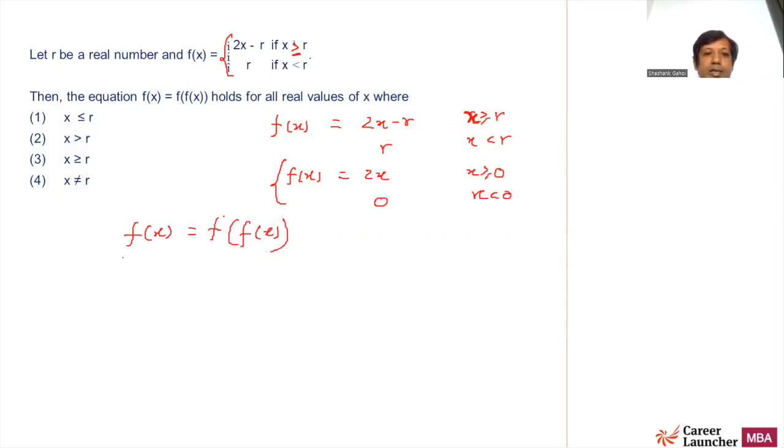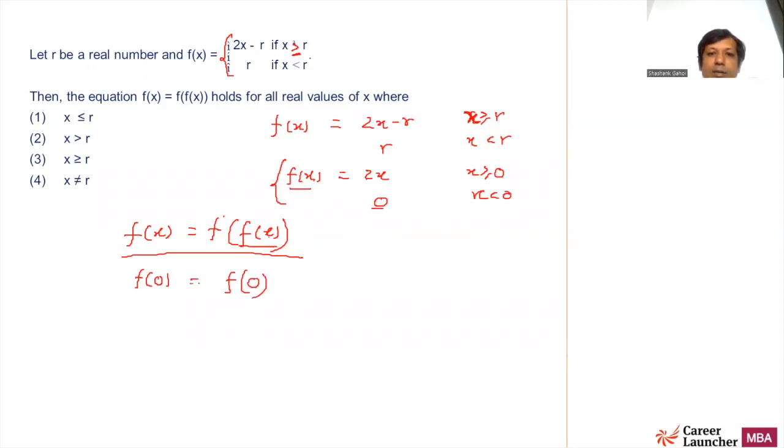Now this has to be true. Now I have certain conditions that at x equal to r, x not equal to r. Let's see. I'm going to put x equal to 0 itself. So f0 and f of f0. f0 is definitely going to be 0 itself. If you put x equal to 0, that is 2 into 0, so 0.